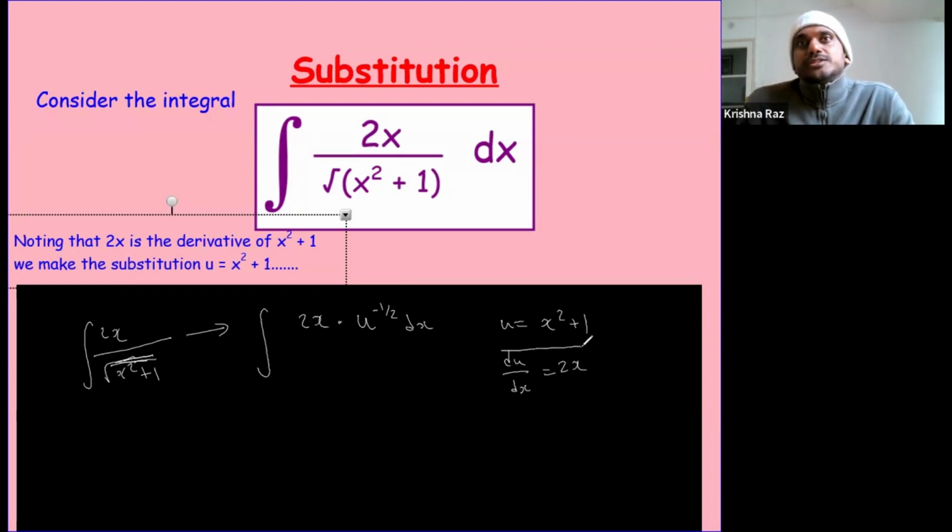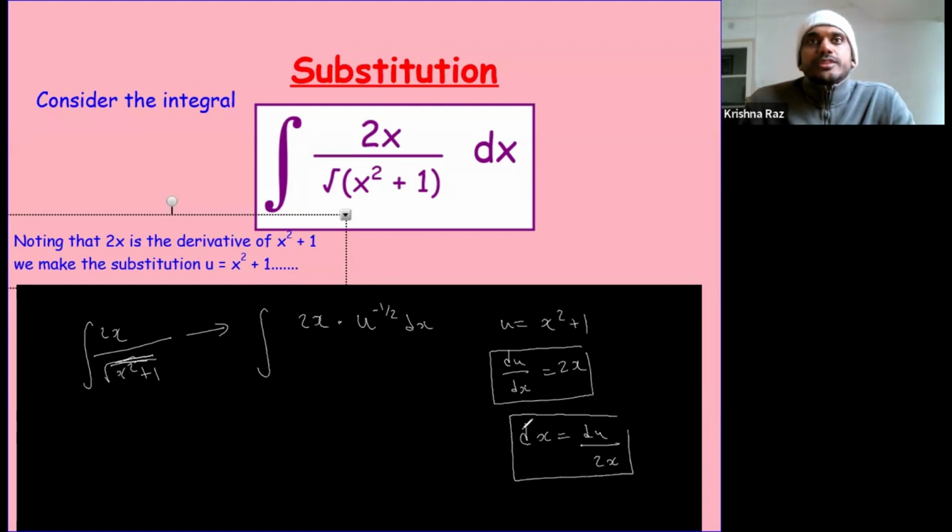So if we rearrange this, we will get dx equals du over 2x. So this can be substituted straight in there, which will give us 2x times u to the minus a half times du over 2x. So the nature of substitution is that we'll always get this sort of cancellation.